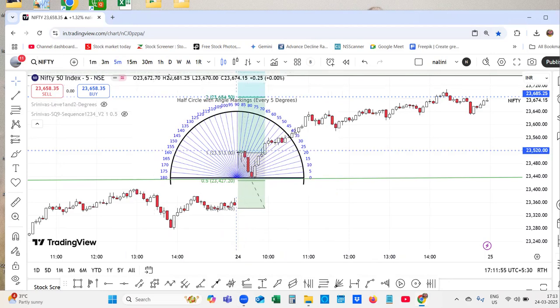1 minute, okay. Now you can see, you need to take this tool, my 3 cycle market increment. I've shown you all how to make it.